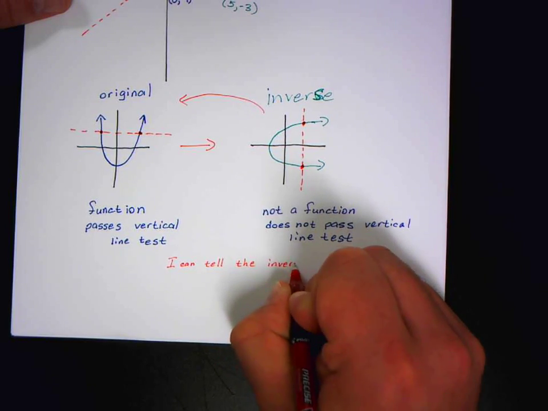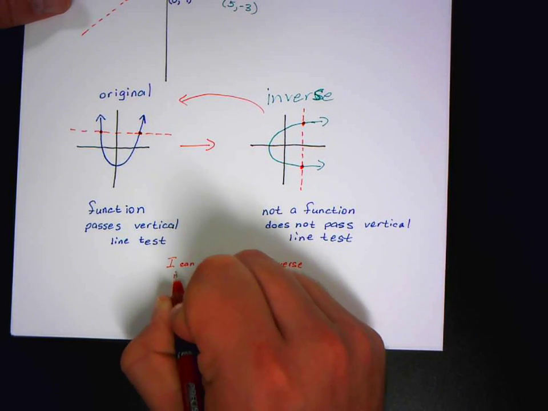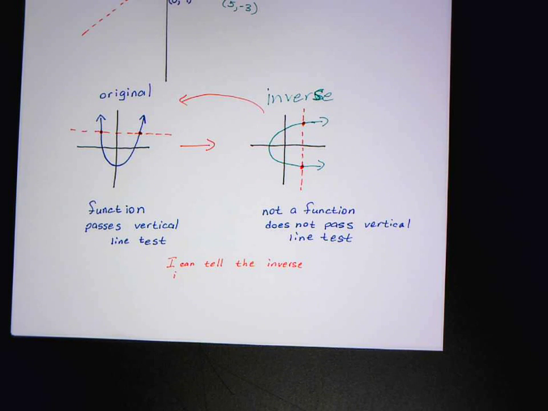So I can tell that the inverse is not a function with the original graph by using a horizontal line test.